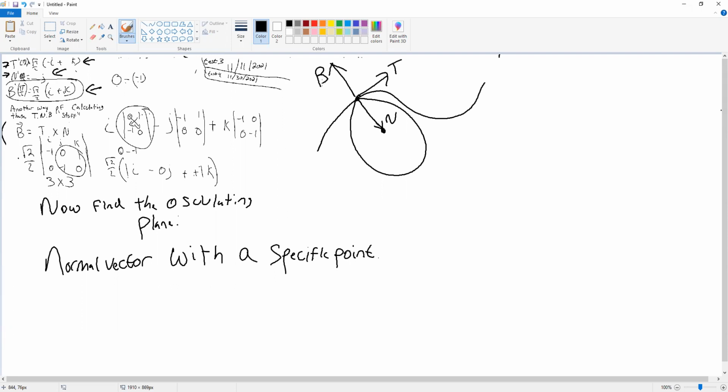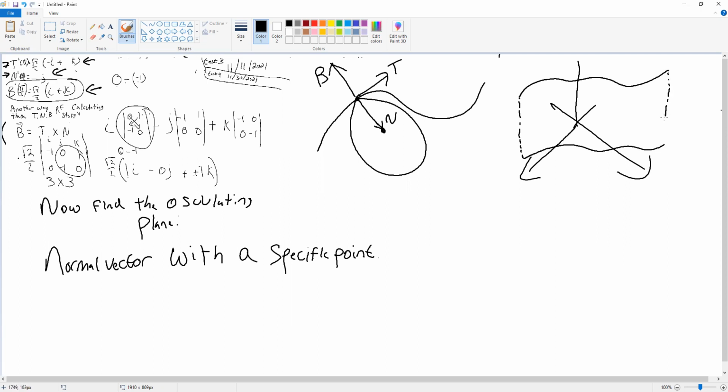What is it used for? Suppose we have a nice world sheet, and this is a world sheet that's projecting up in Z. Hopefully you can see that with that picture.